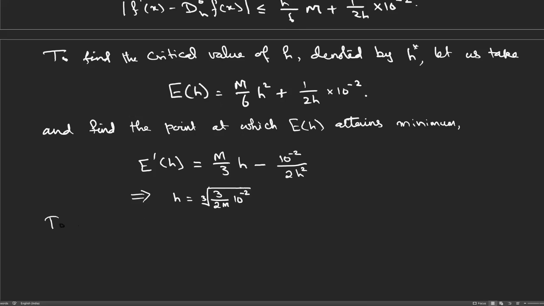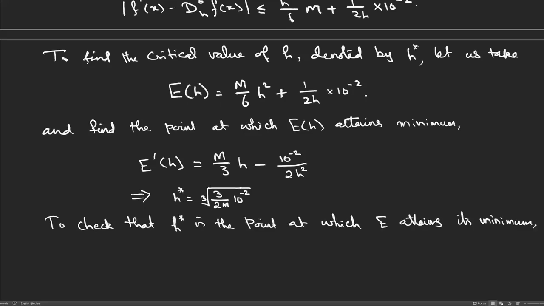It's better to also check that E attains its minimum at this value of h. How will we check this? Let us denote it by h star. To check that h star is the minimum, what we can do is just find E double dash of h and show that E double dash of h star is strictly greater than 0.